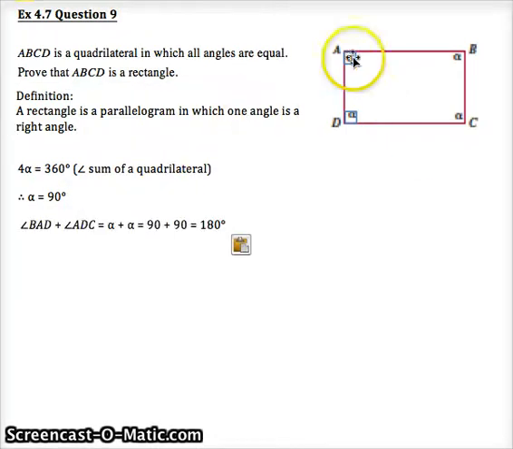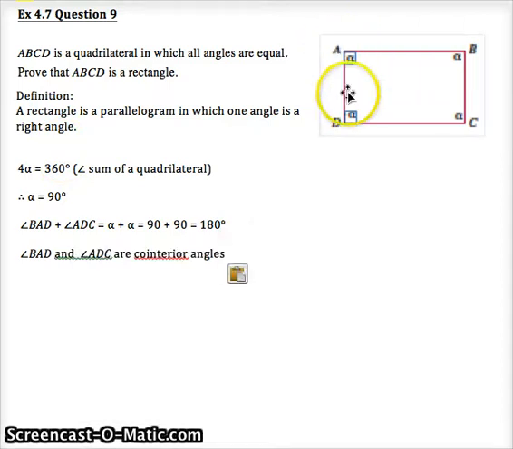So we've got that angle BAD plus angle ADC is equal to alpha plus alpha, which is 90 plus 90, which is 180 degrees. But we can also say that angle BAD and angle ADC are co-interior angles as well.